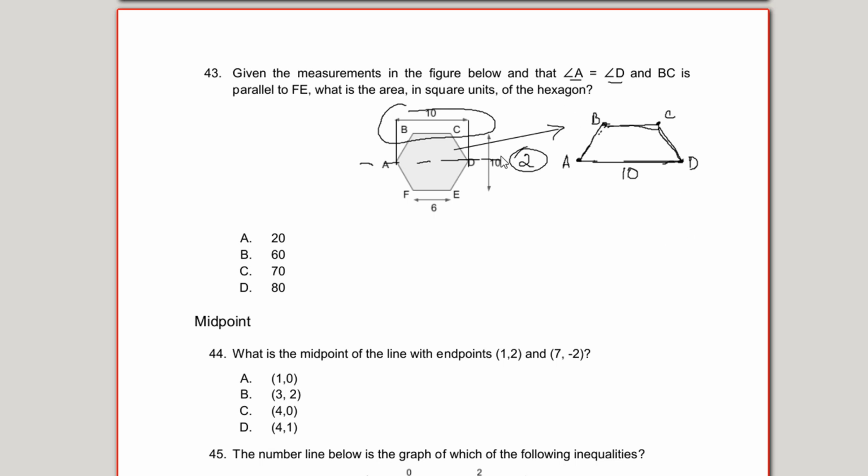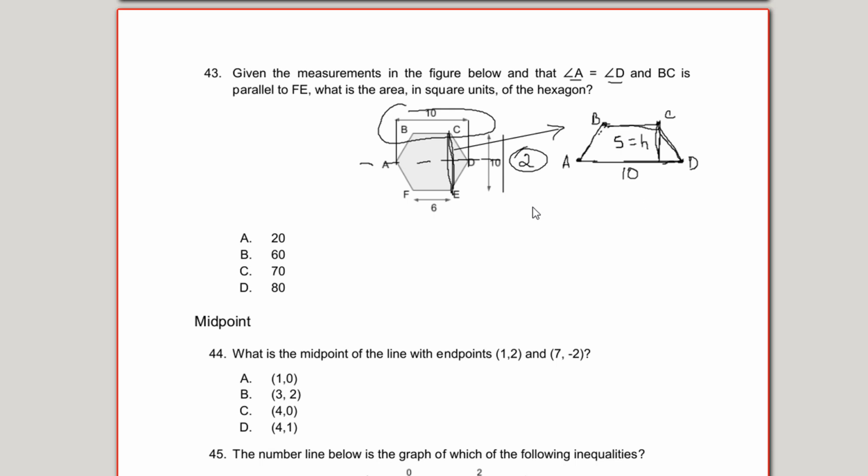Now another thing we want to look at is this dimension from here to there. That is 10, and we talked about that previously. Half of that is right here, and on a trapezoid, that is H. And so if the total dimension there is 10, well then half of it is going to be 5.